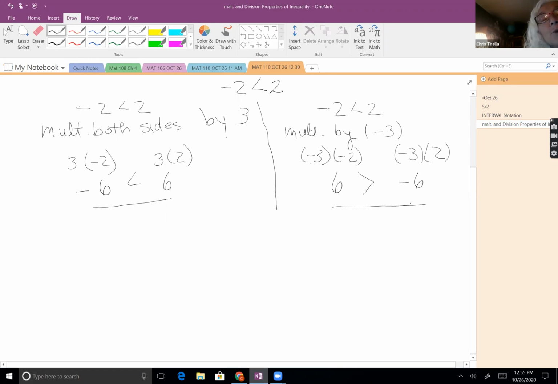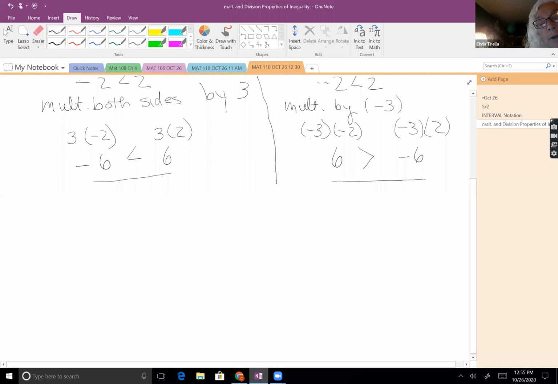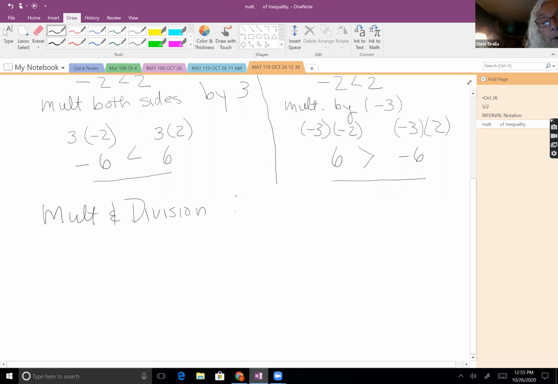Because the rules for signed numbers with division are the same as for multiplication, the same will hold true for both multiplication and division. So with the multiplication and division property of inequality, it's got two parts.